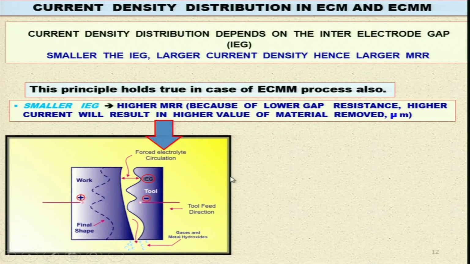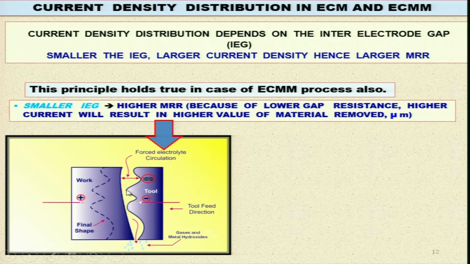As you can see here, this is the workpiece and this is the tool, and this is the inter-electrode gap, that is the distance between the workpiece surface and the tool surface. Now, you can see here this is the approximate replica of the tool that you are going to get, that is the final shape.